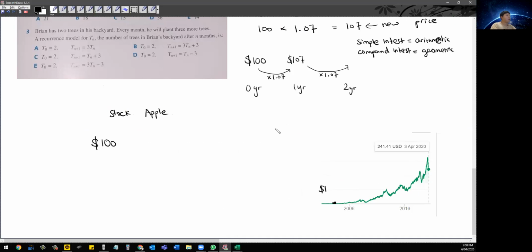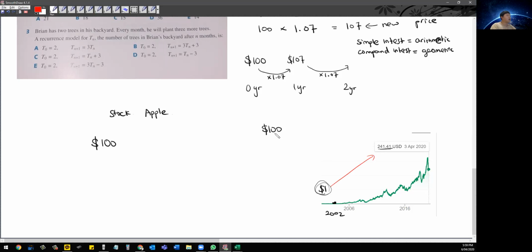So let's see what happens if you invest $100 in the Apple stock in 2002, just $100. It used to be $1, but now it's worth $241. So if you invested $1, that'll grow to $241.